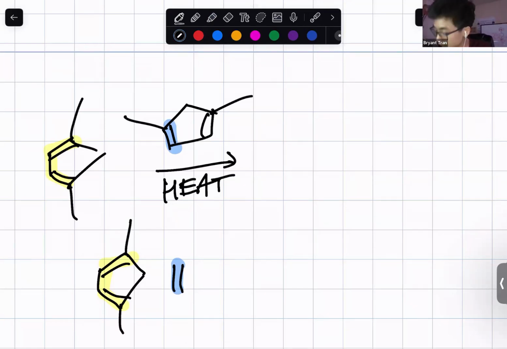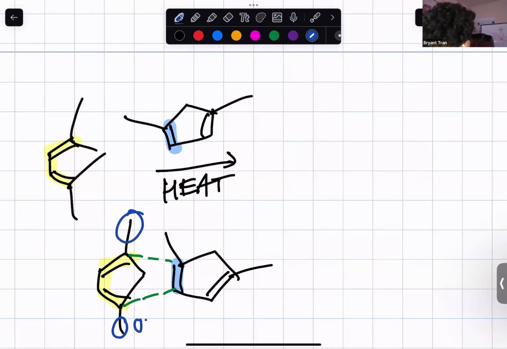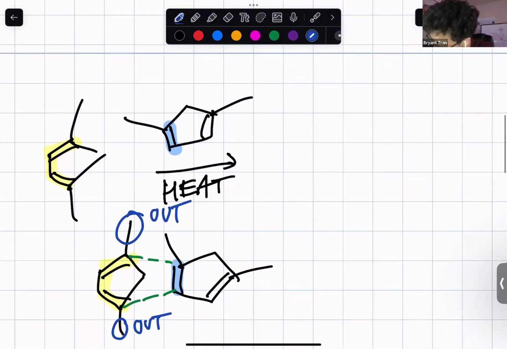And we could say that this is not an EWG, it's an EDG. So let's make that pocket between the diene and dienophile. These two groups here are the out groups. This group inside is the in group. This is not an EWG, that's an EDG.